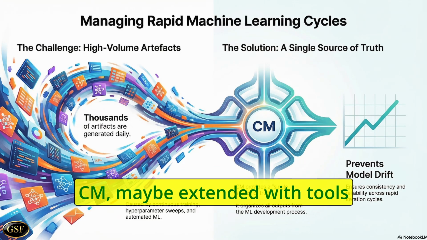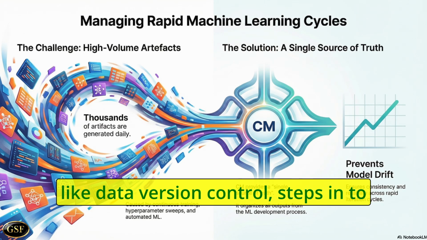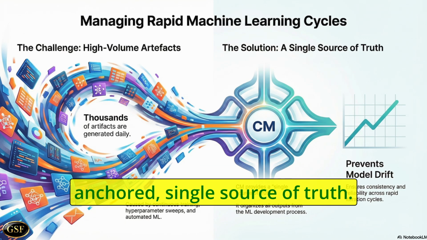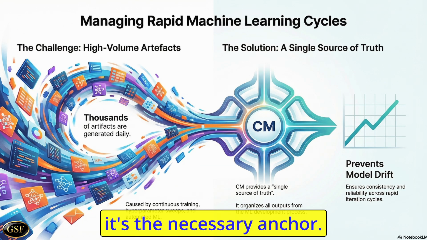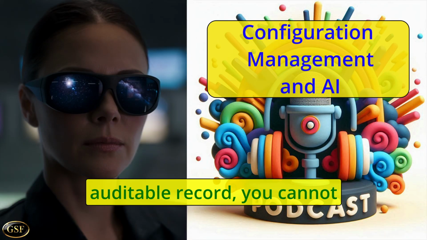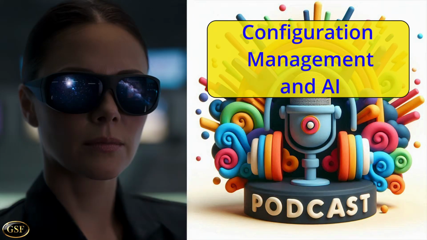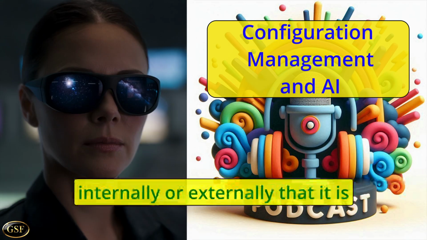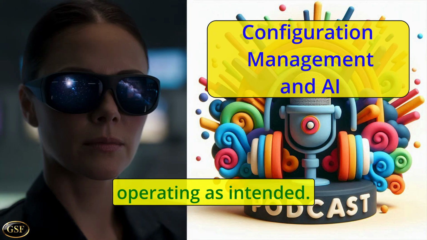And that's where CM, maybe extended with tools like beta version control, steps in to provide that critical, anchored, single source of truth. It's the necessary anchor. It is. Without that centralized, auditable record, you cannot replicate a successful outcome, you can't debug the model's behavior, and you certainly can't assure anyone, internally or externally, that it is operating as intended.